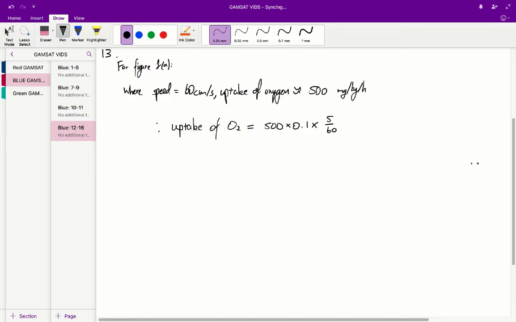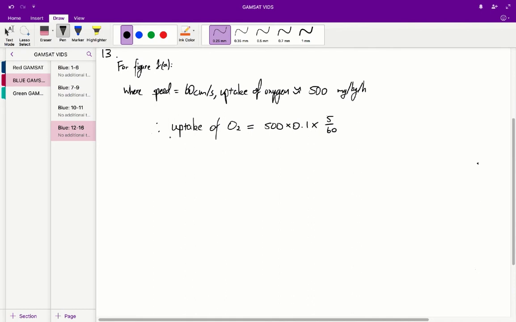Question 13. According to figure 1a, which one of the following is the best estimate of how many milligrams of oxygen is taken up in 5 minutes by a 100 gram salmon swimming at 60 centimeters a second? For figure 1a, where the speed equals 60 centimeters a second, the uptake of oxygen is about equal to 500.